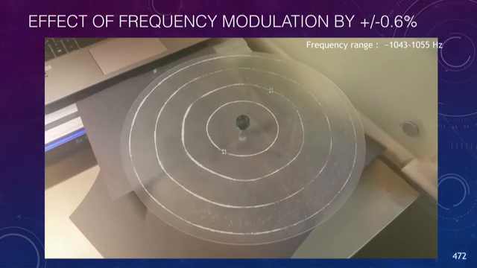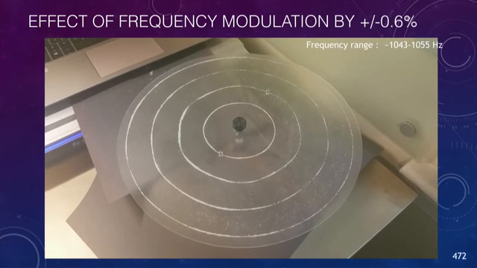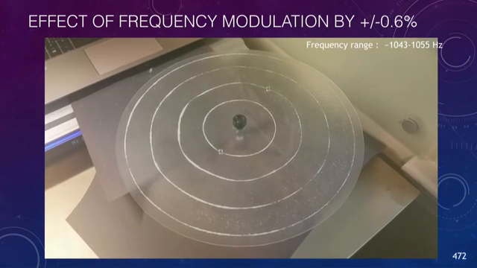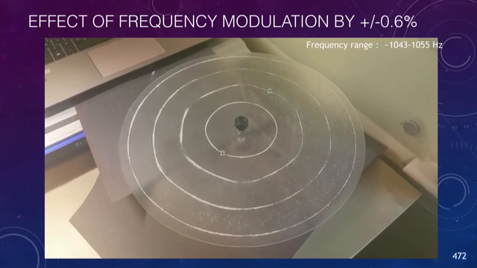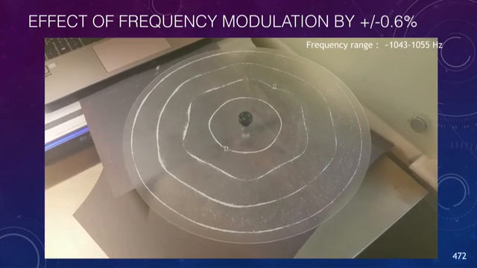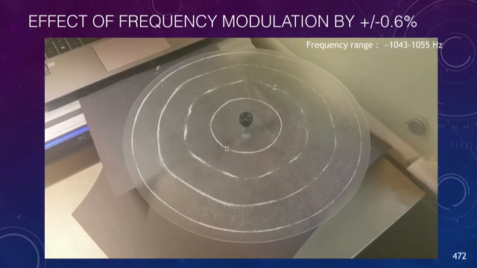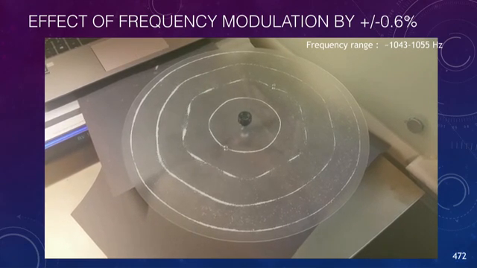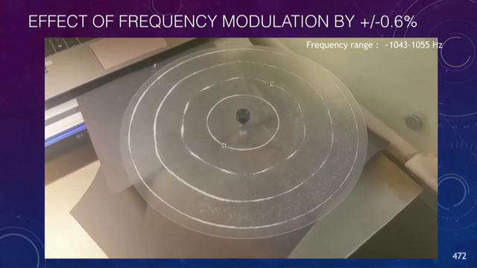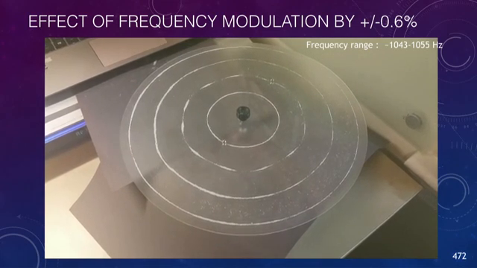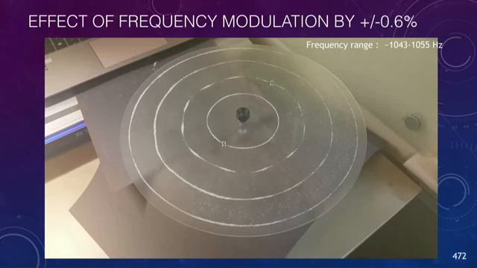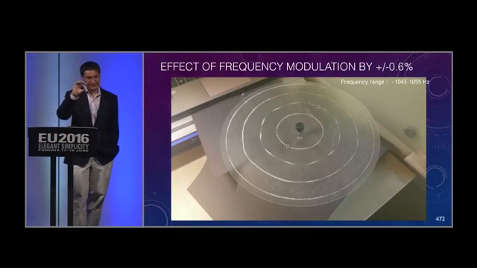In this case, we look at how we modulate the frequency. As we modulate the frequency, we can see that the energy starts to change, but the boundary conditions around the planets remain about the same. This is only a fractional change of about 0.6% of the frequency.